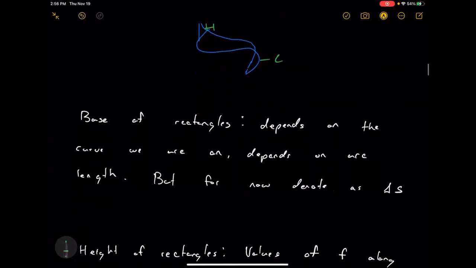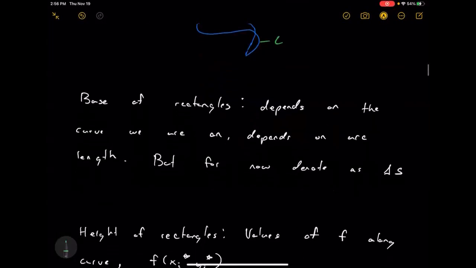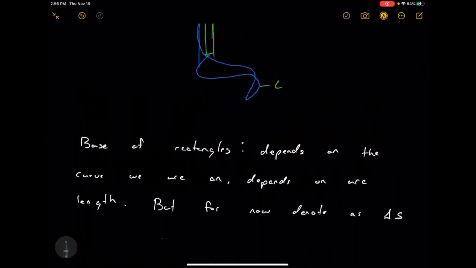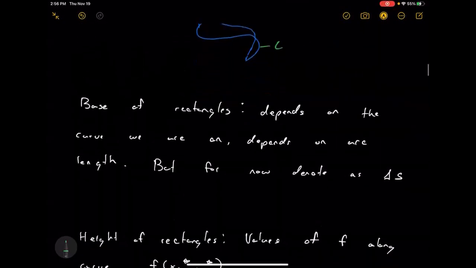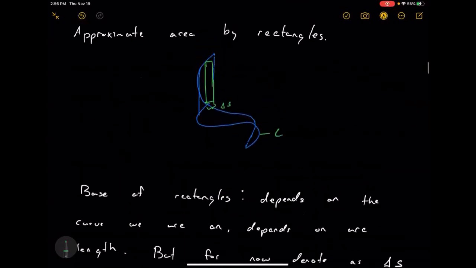We'll talk about how we get it, but for now, let's call the base of each rectangle delta S, right? And what about the height of these rectangles? Well, that's coming from my function values. This strip up here is my function f(x, y).